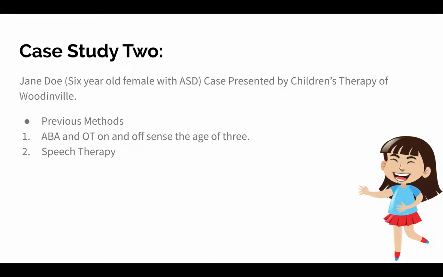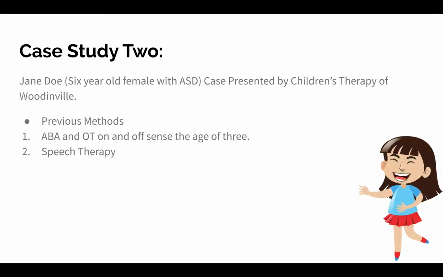The second case study is of a girl, we're going to call her Jane Doe. She's a 6-year-old female with autism spectrum disorder, as was John. All of these case studies focused on autism. She did previous therapies such as ABA and OT on and off since the age of 3, as well as speech therapy, but she was still having issues with regulating her sensory.